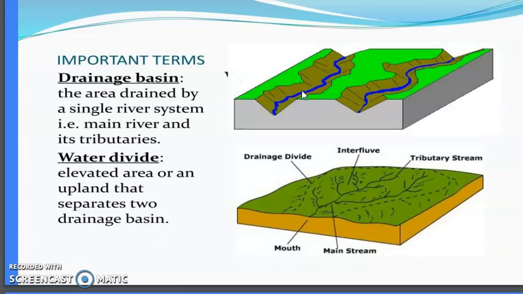Whatever water is flowing in the river is collected from a specific area. From the nearby area only, the river collects the water, and this is called the catchment area. The river drains the water collected from a specific area, and it is called the catchment area. So these are some basic terms that you need to remember.